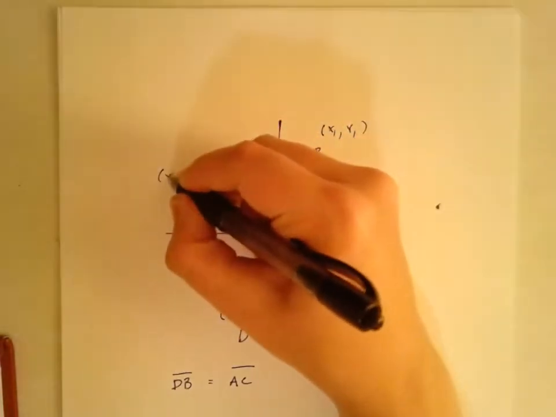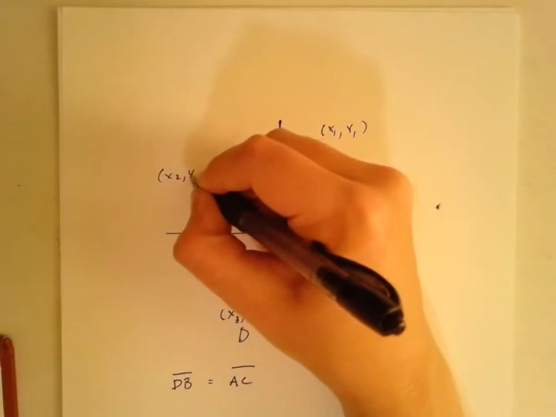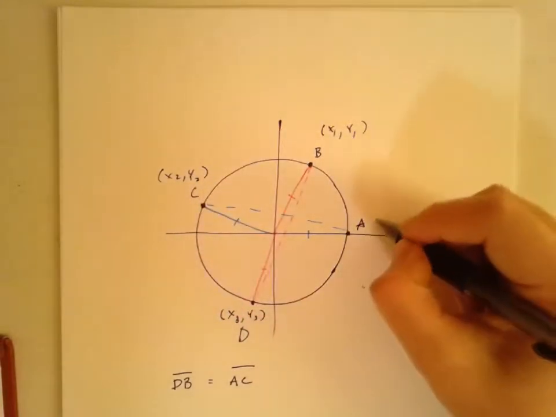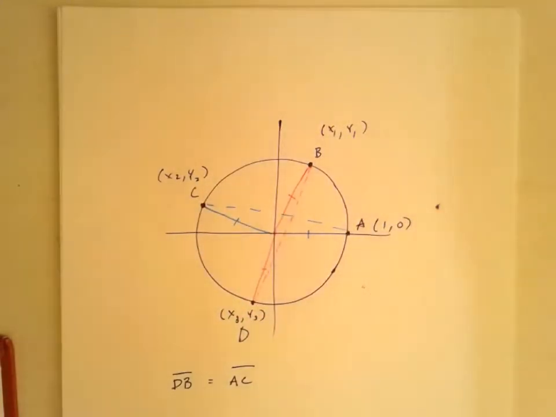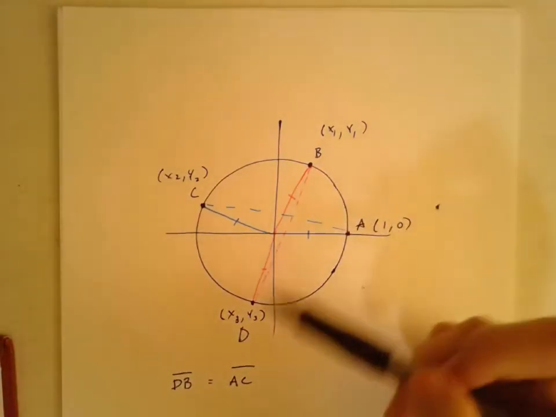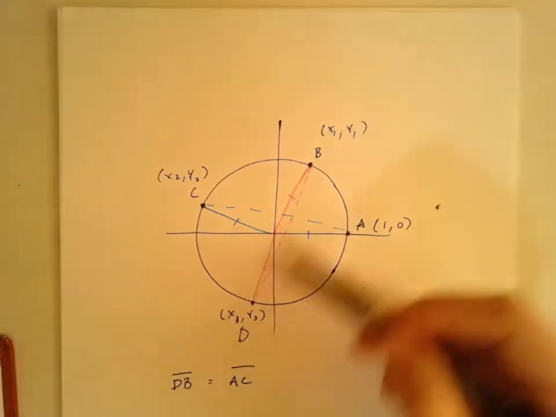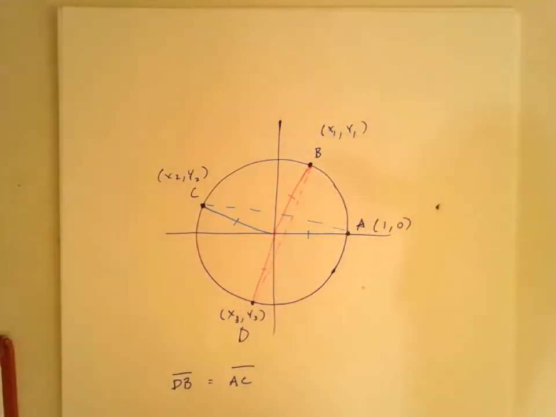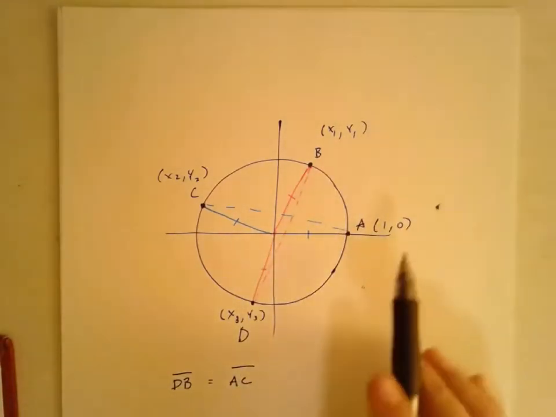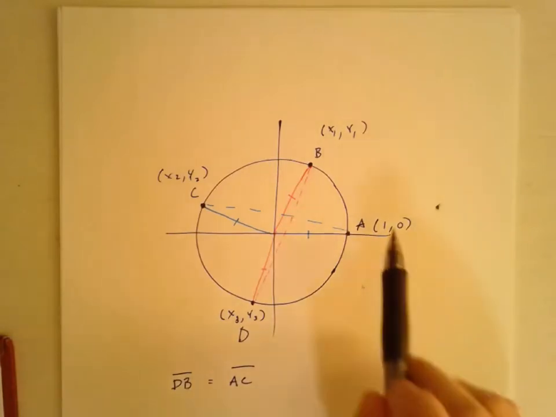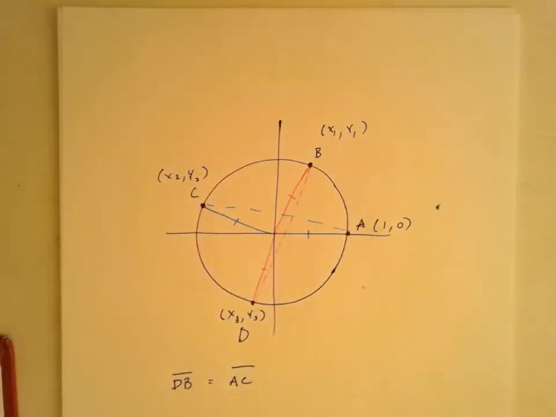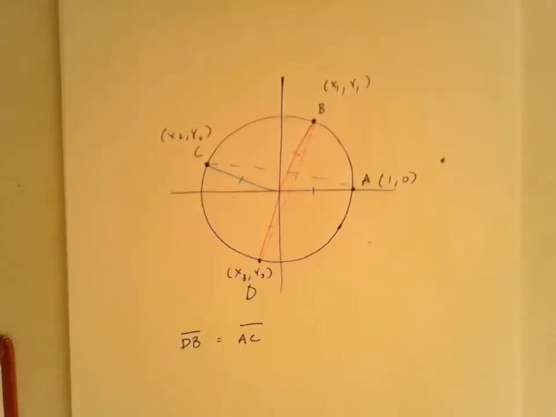C was the coordinate x sub 2, y sub 2, and A was the coordinate 1, 0. So, what I can express now is DB in terms of the distance formula. If I fill these two coordinates in, and same thing with AC, I can express it in terms of the distance formula. So here is what that would look like.